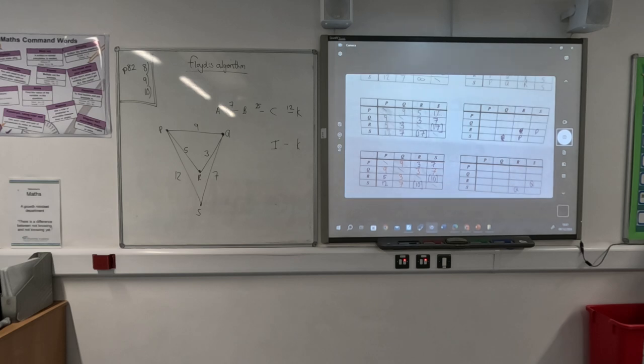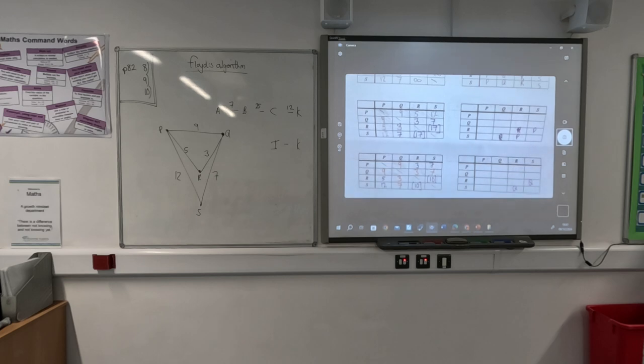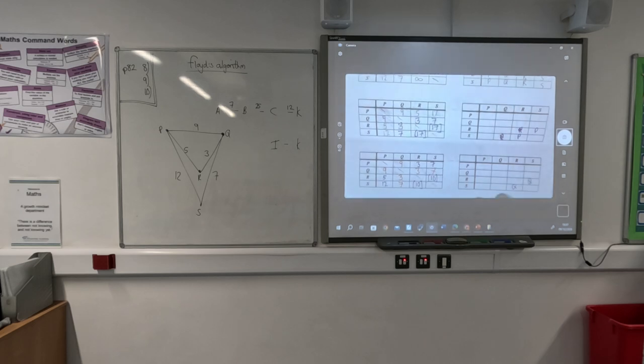Okay, so the third iteration is shading in the R column and the R row. And then the final iteration will be shading in the S column and the S row. So just see if you can finish it off. There's not a great deal of action remaining.